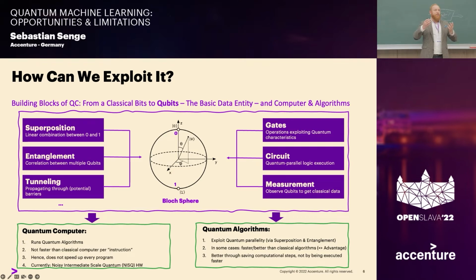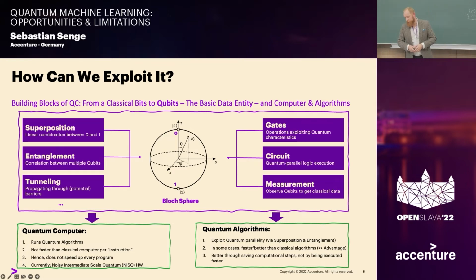And how or where do we apply such circuits? Well, the basic entity of data, in this case, is not bits, as explained in the previous talk, but qubits, right? So you have the possibility not just to represent zeros and ones, but a linear combination, a superposition of these two values 0 and 1, so basically a mixture of these two states.